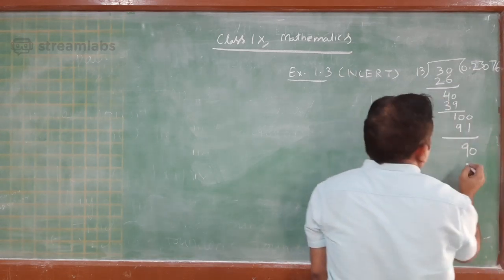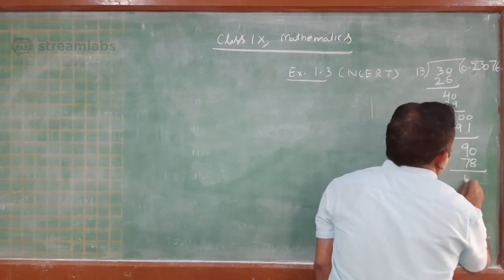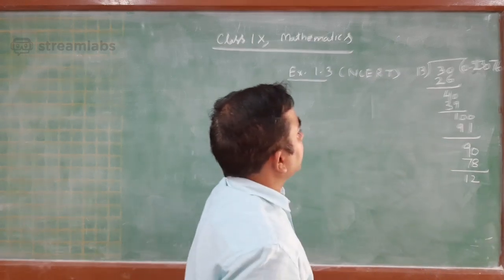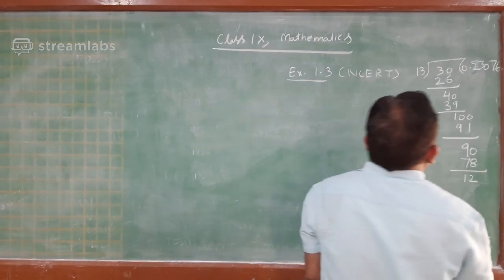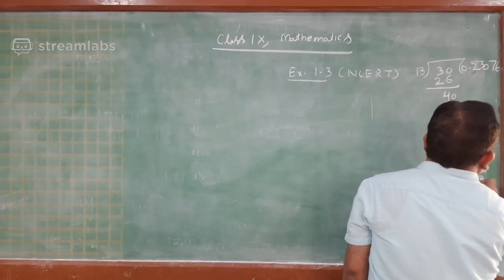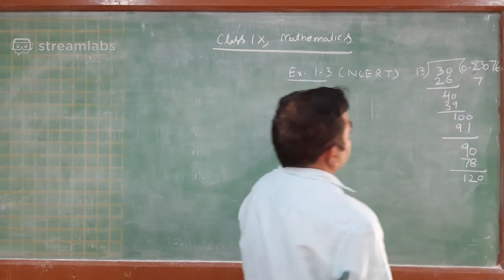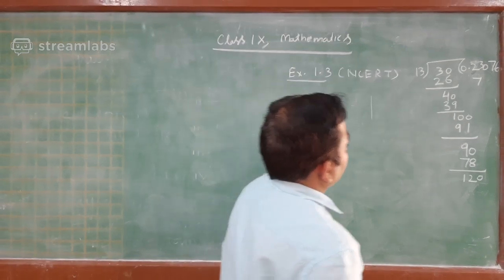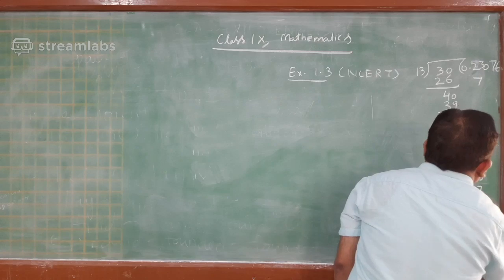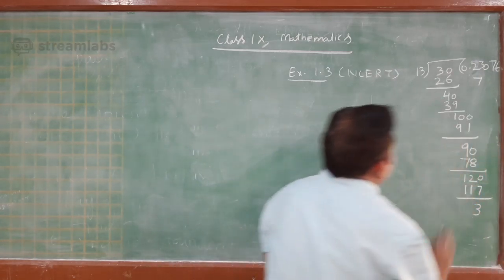Six, 13, 6, 78, and it will be 12, isn't it? Then 1 0, then 13 sevens are 117, isn't it? And 3 again.